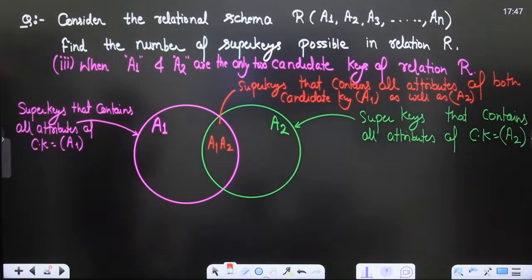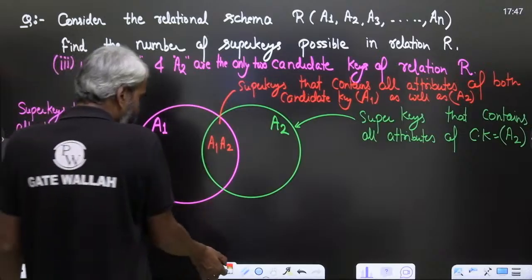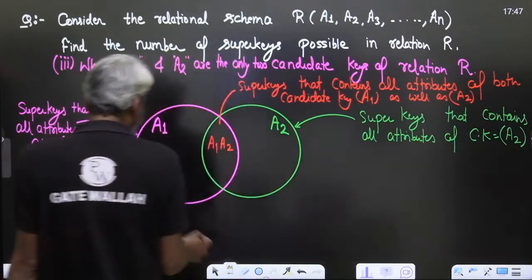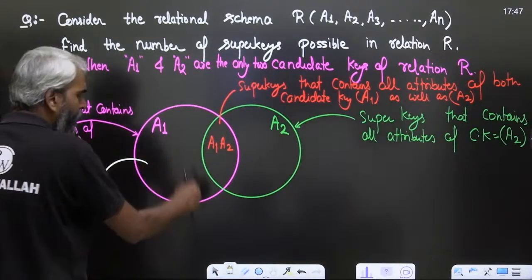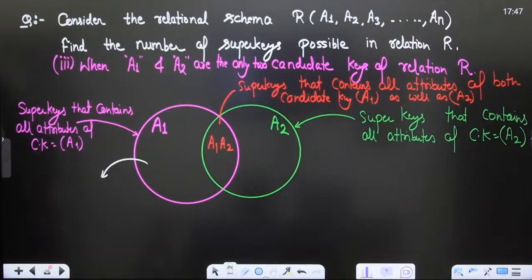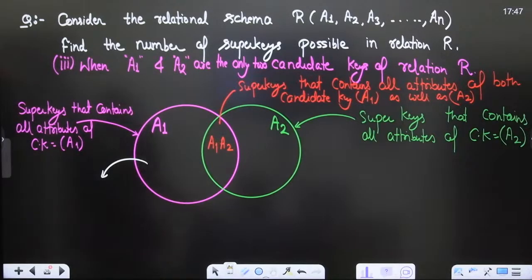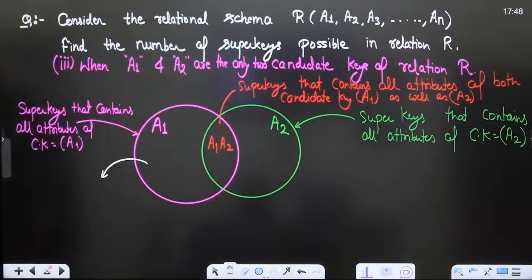Clear? Now I ask you, how many super keys are there that contain all the attributes of candidate key A1? Tell me.